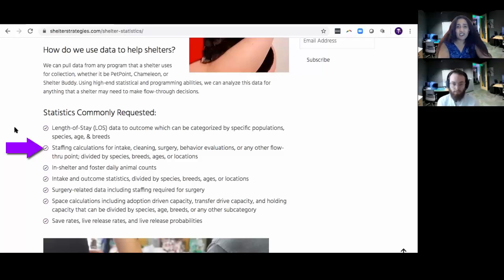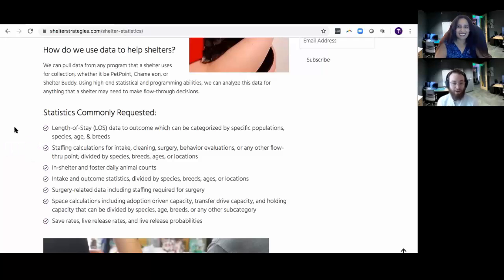We can make a determination of how much staff would be an appropriate number of staff in order to conduct these specific items in a reasonable amount of time. And it's helpful to also have it broken down by ages, perhaps by location in your shelter, by species, because you may have different staff for your cats or for your dogs. So we will be taking you through this process as well.